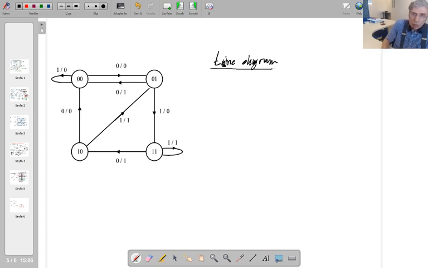Now, to draw a time diagram for a Mealy machine, we need the variables, input variables first. So what could that be? One of them is input, isn't it? In order to detect the input, we need a clock pulse.